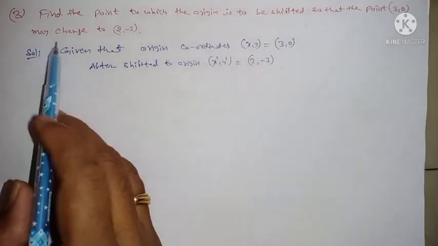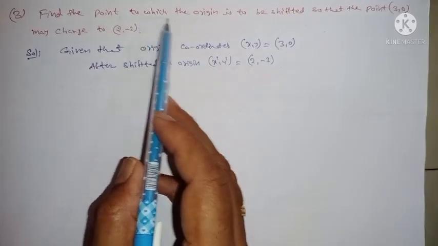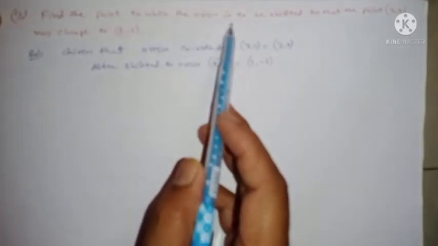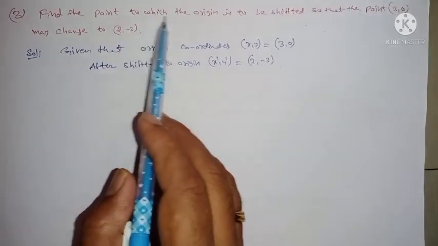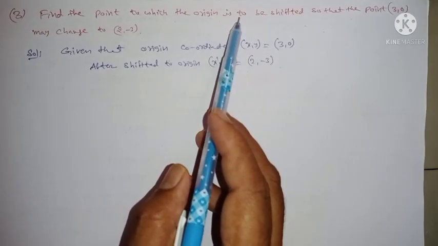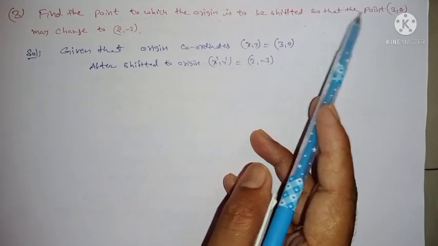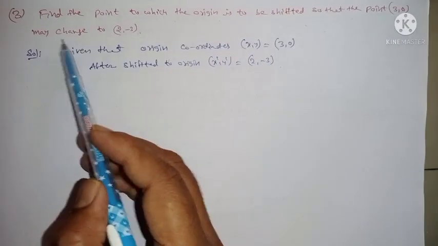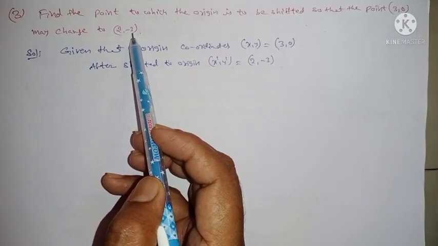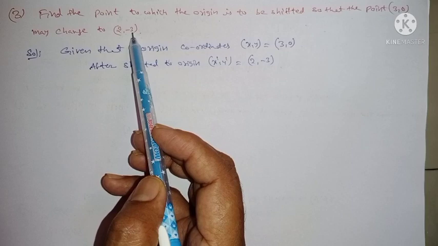Next, third problem. Find the point to which the origin is to be shifted so that the point (3, 0) changes to (2, -3). Given that the original coordinates are (x, y) = (3, 0), and after shifting it changes to (2, -3).